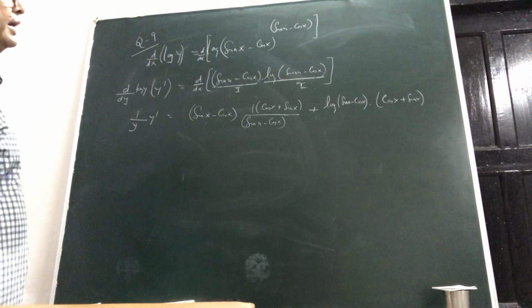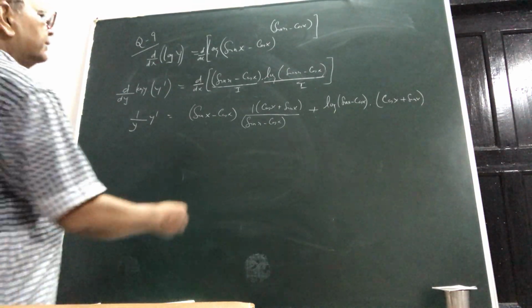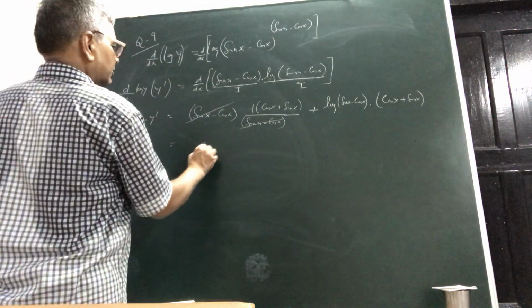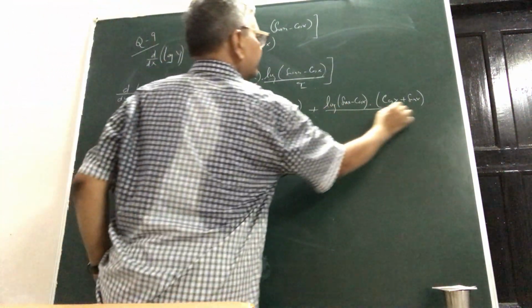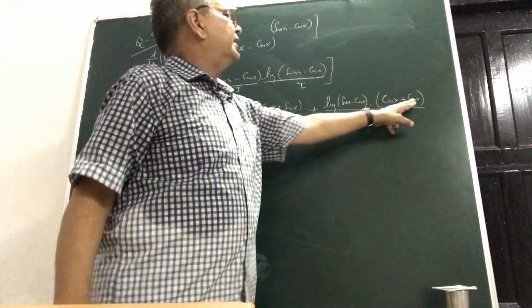So okay, log of this thing. Here sin x minus cos x cancels, and you are left only with cos x plus sin x. And plus, let us see what we get from here. Plus log of sin x minus cos x times sin x plus cos x.